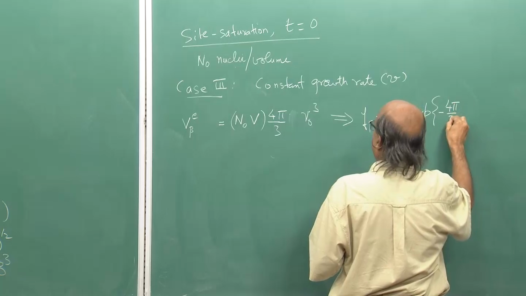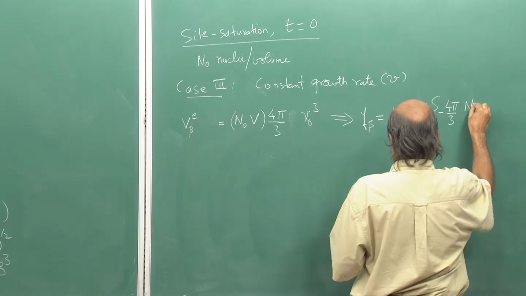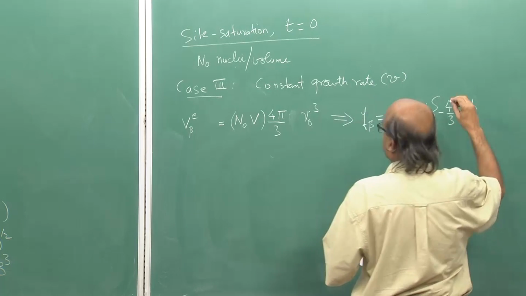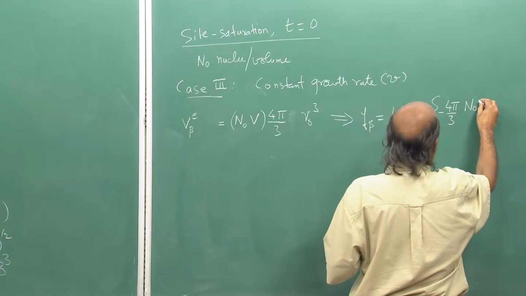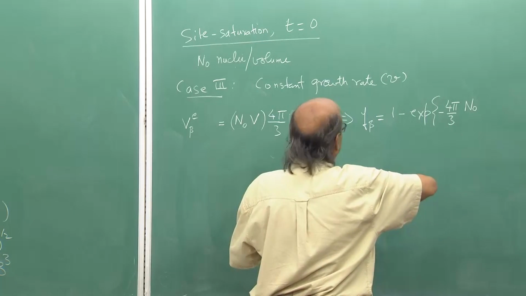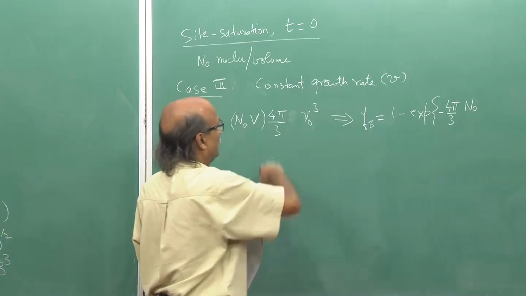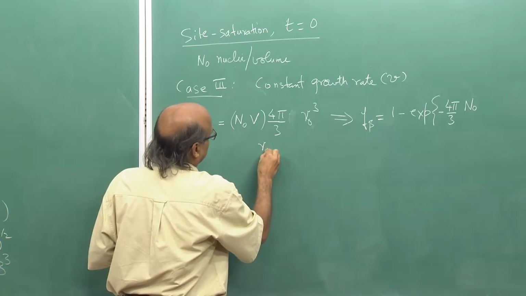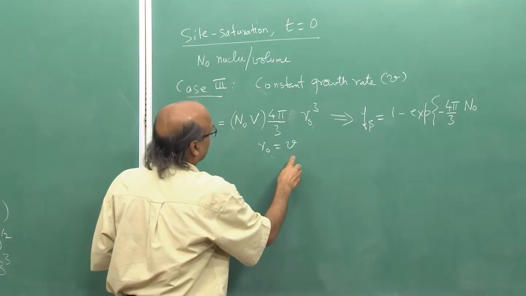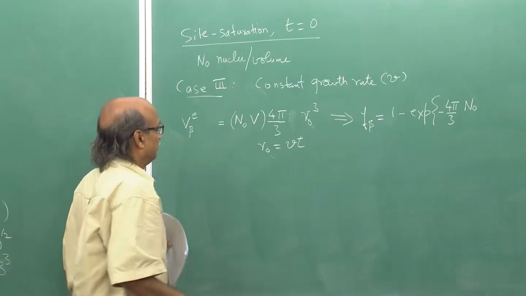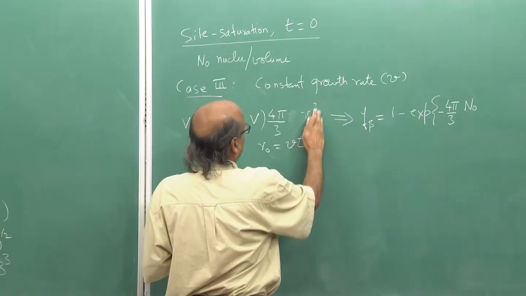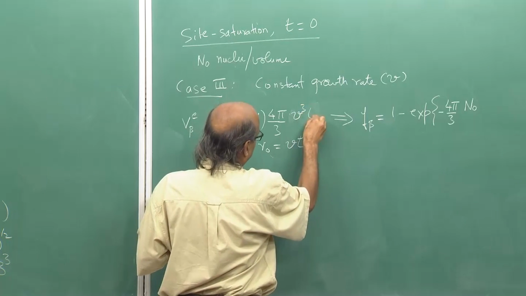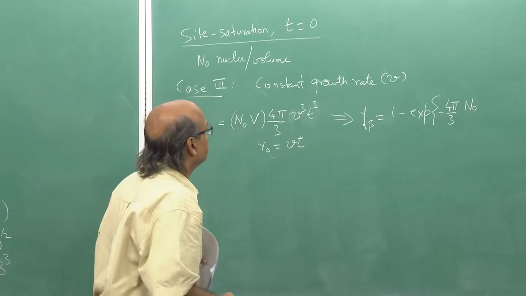4 pi by 3 N0, and inside here is R0 cube, and this R0 cube can be replaced by, since R0 is simply the growth rate times t, V cube t cube.